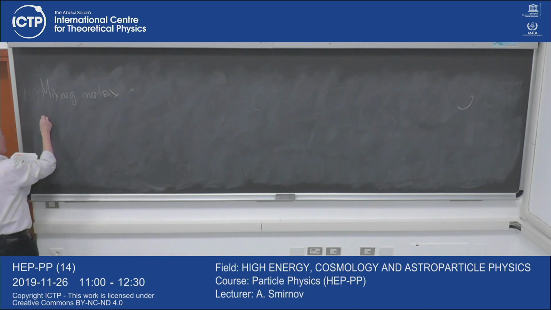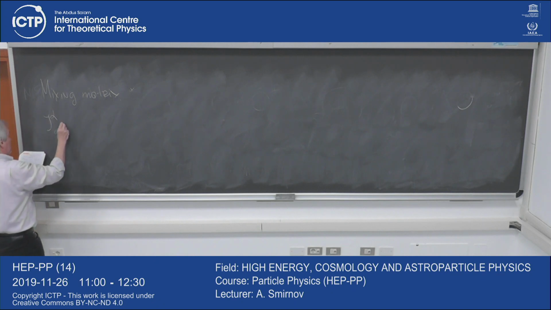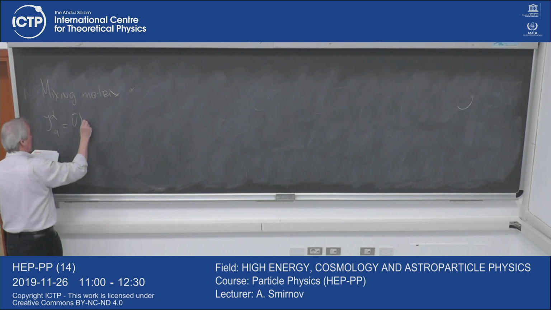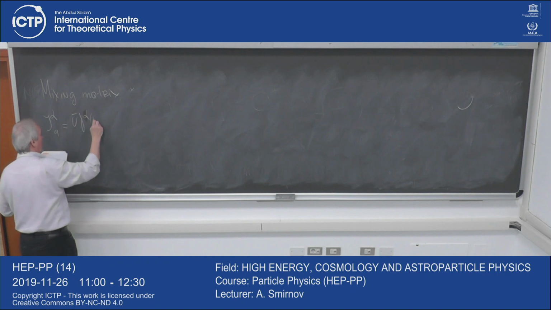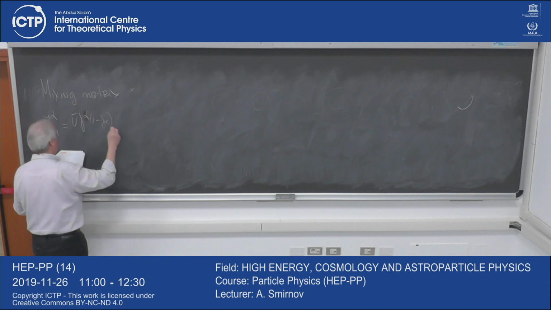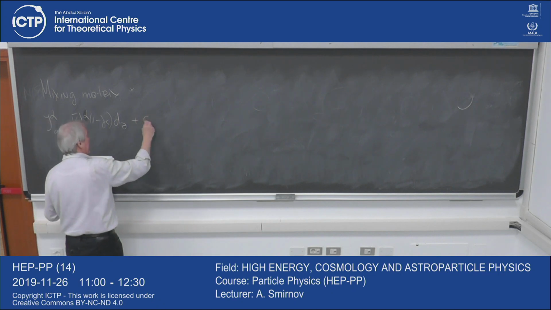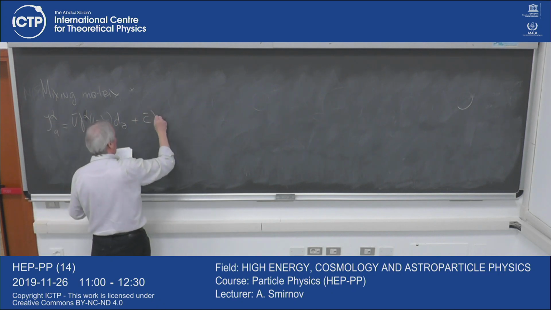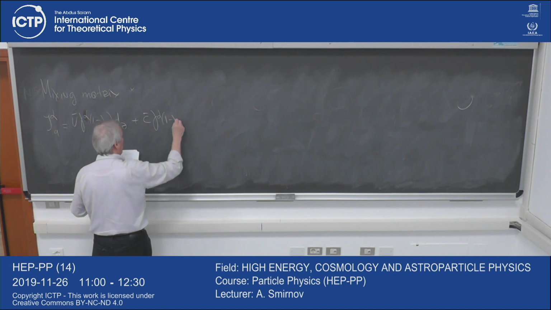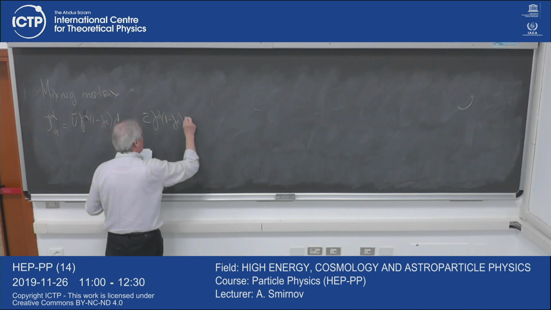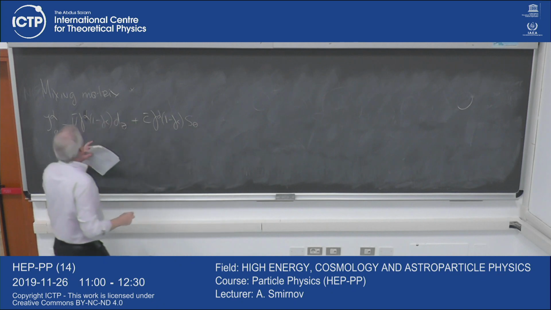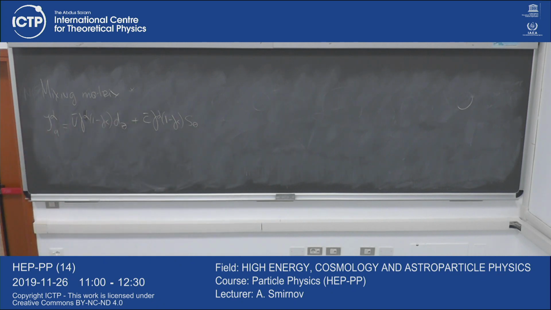So we introduce the quark current, let me remind you, as u gamma alpha (1 minus gamma 5) d theta plus, after introduction of charm, c gamma alpha (1 minus gamma 5) s theta. d theta and s theta are orthogonal combinations of s and d quarks.